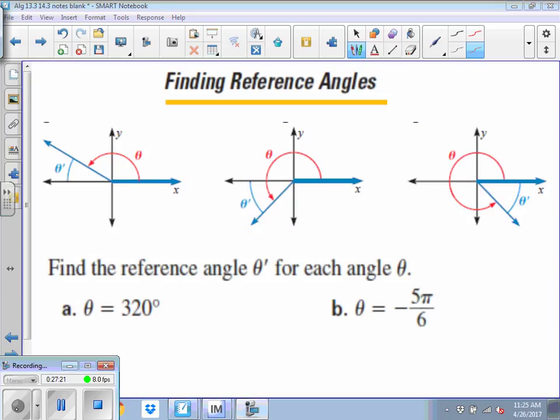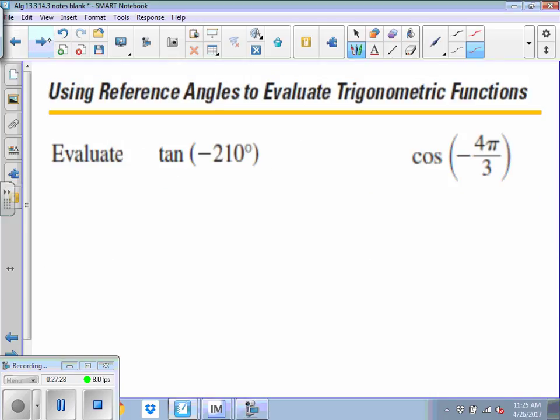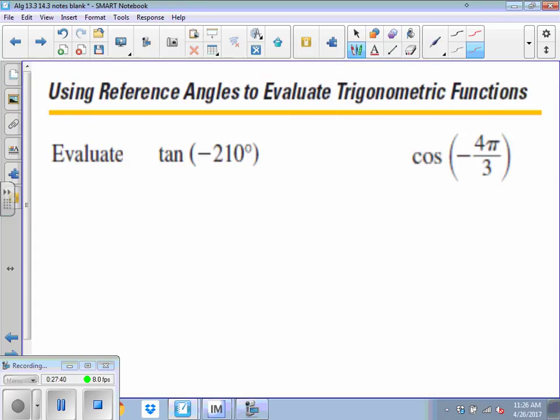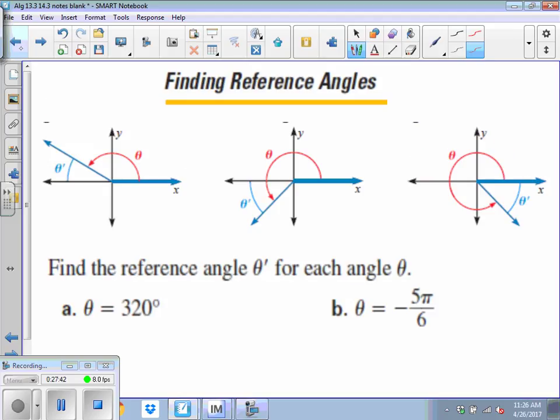Okay, first we're going to practice finding a reference angle. Once we do that, we have to find the exact value of this using the reference angle. So that's the reason why we're finding the reference angle. Okay, so first, we have to find the reference angle. These are just examples of what reference angles look like.